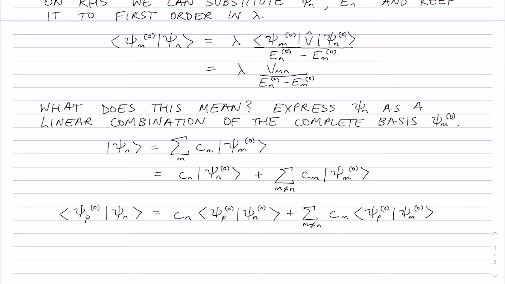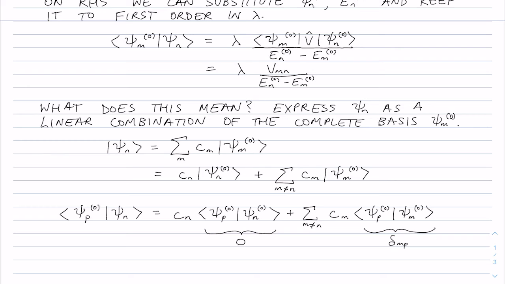And obviously I want p not equal to n, so I want p not equal to n as well, and so this thing here is going to be 0, and this part here is going to be delta mp.